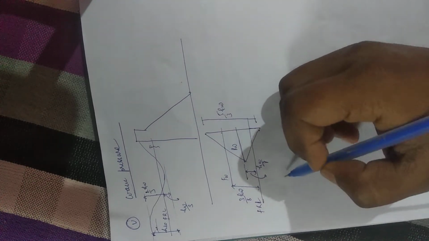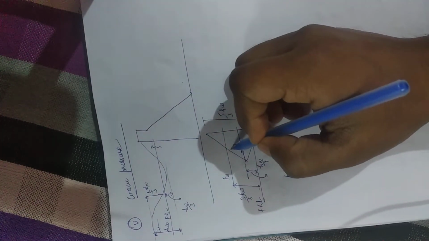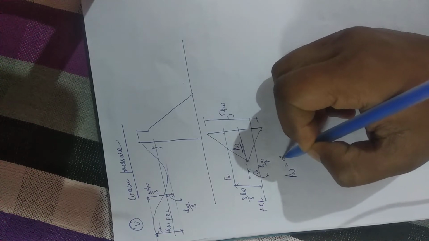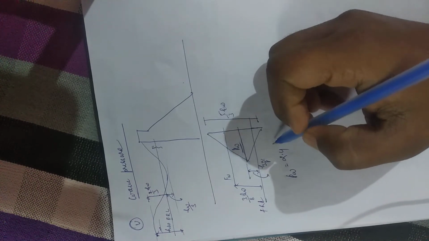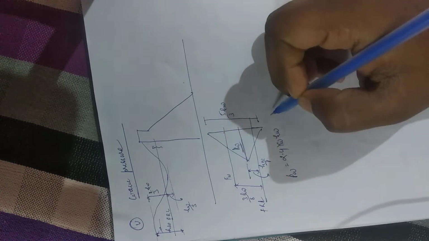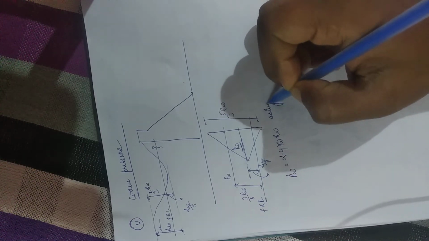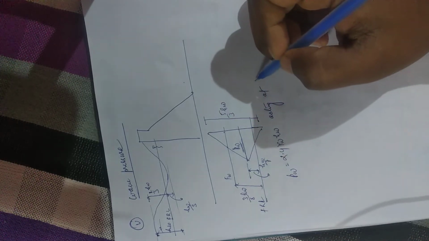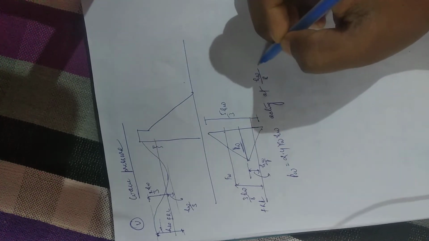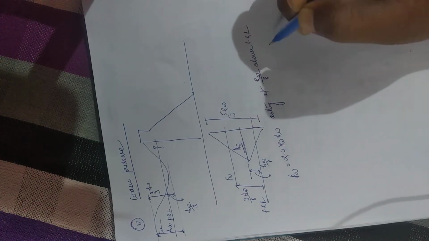Here this PW is 2.4 into gamma W into HW. This is acting at SW by 8 above FRL.